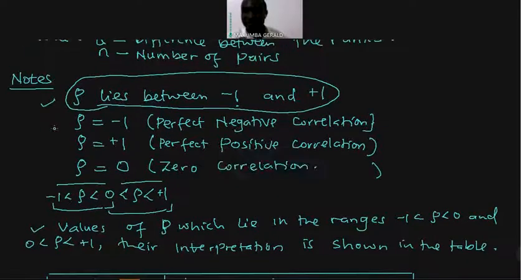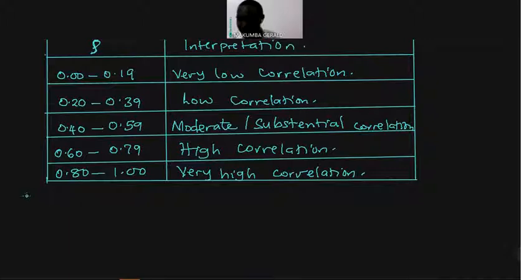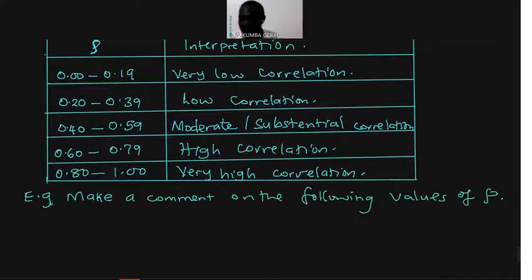Now, up here we interpreted the special cases, those three special cases which we have interpreted so far. How about if we calculate our value and we need to make a comment on the following values of rho? Roman numeral 1, when rho is equal to 0.81, what will our comment be like?